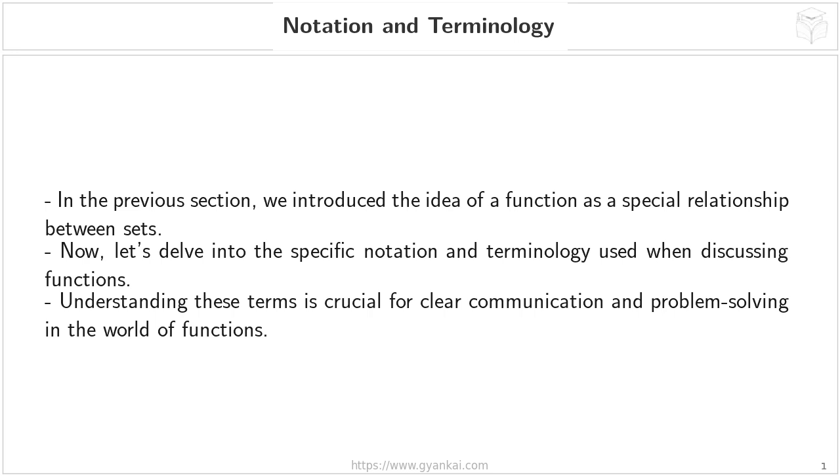If you can't accurately describe a function, it's going to be very difficult to explain your reasoning or understand what others are doing. Plus, it's essential for successfully tackling function-related problems. So, let's build a solid foundation by understanding the language of functions. In the following slides, we will break down each component of this notation and terminology step by step.